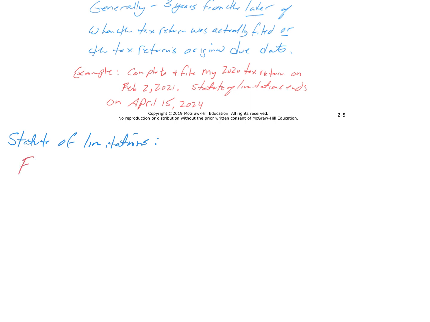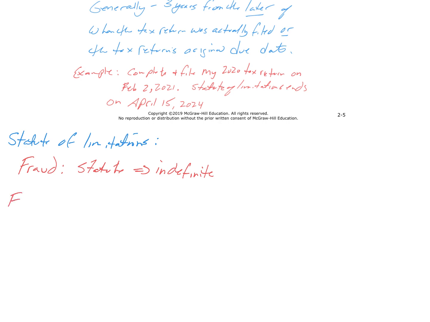If they suspect fraud, what is the statute of limitations? Well, if they suspect fraud, the statute of limitations does not expire. The statute of limitations in fraud is indefinite.